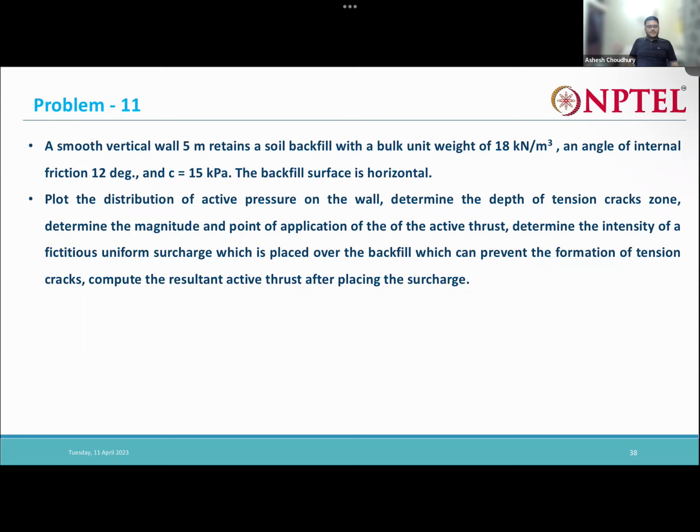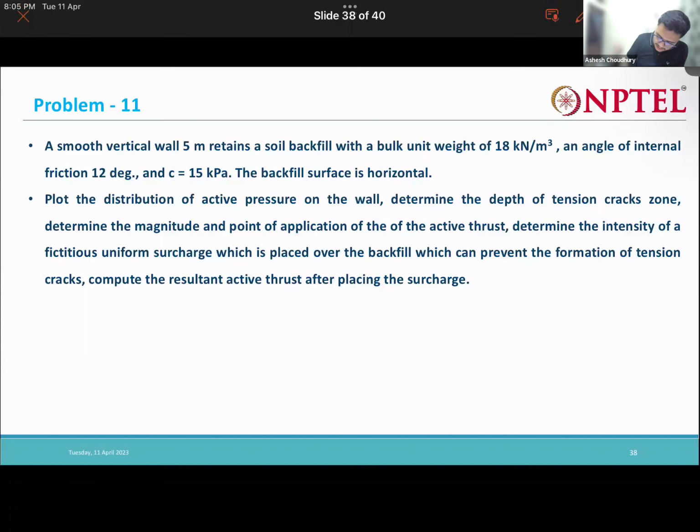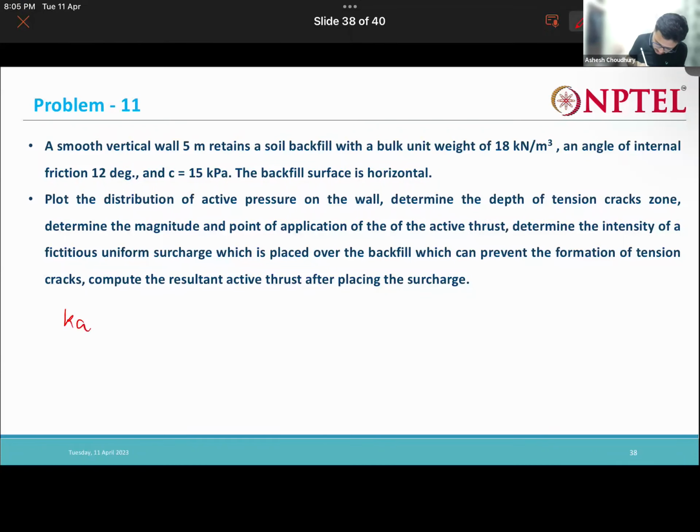So the first step is determination of K. Let us first find out K: 1 minus sine 12 over 1 plus sine 12, which is 0.656. Now the first thing to do is plot.